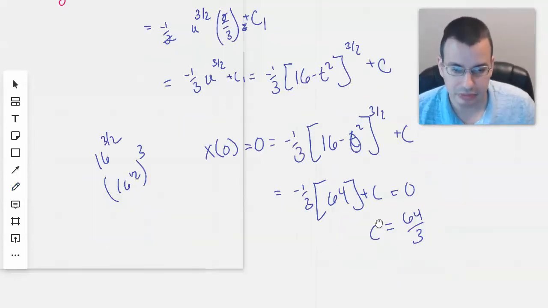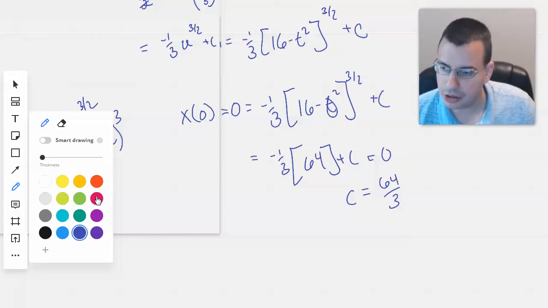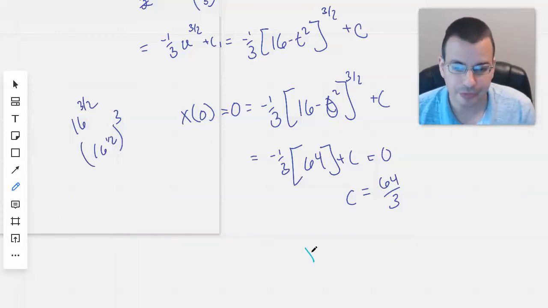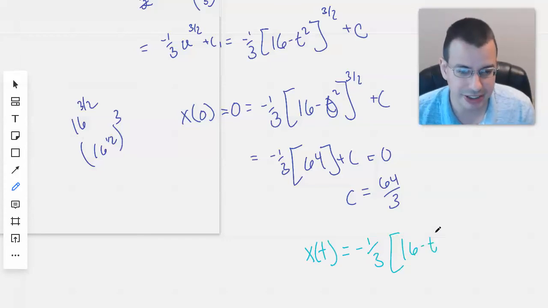Okay, it wasn't too bad at all. Put it all together. x of t equals negative 1/3 times (16 minus t squared) to the 3/2 plus 64 over 3.